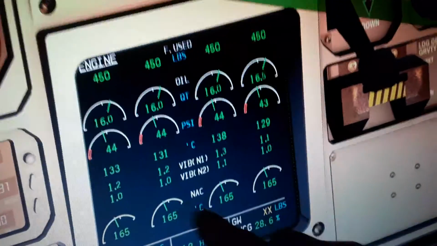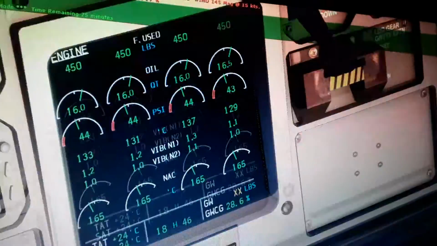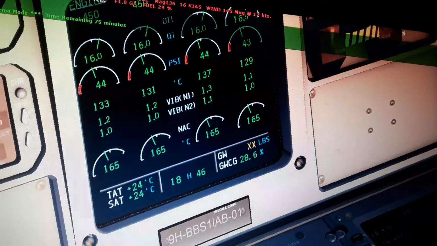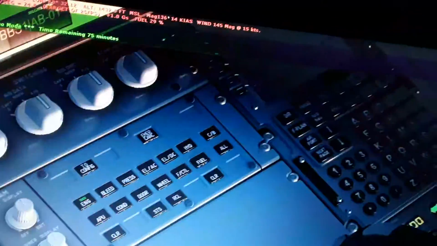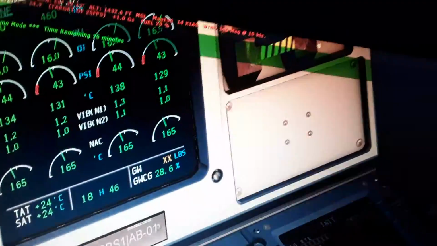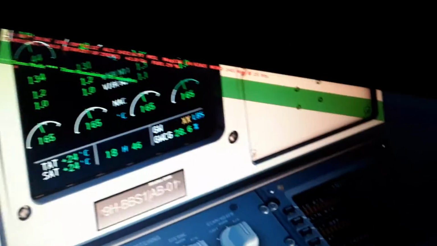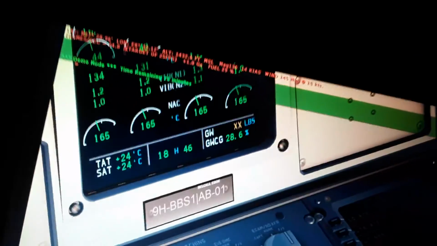And the NAC, if I remember, was the air nozzle temperature, but I'm not sure about that. So here is the gross weight, we have to set it up, and gross weight, center of gravity, and the total air temperature and the saturated air temperature.